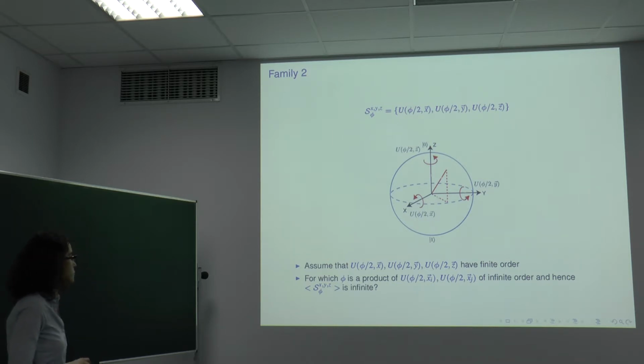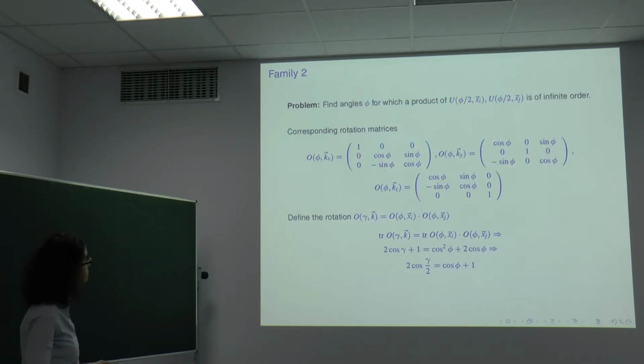We again want to find the condition on phi such that a product of two arbitrary ones of these rotations has infinite order, and hence obtain immediately that the set generated by S, X, Y, Z phi is infinite.